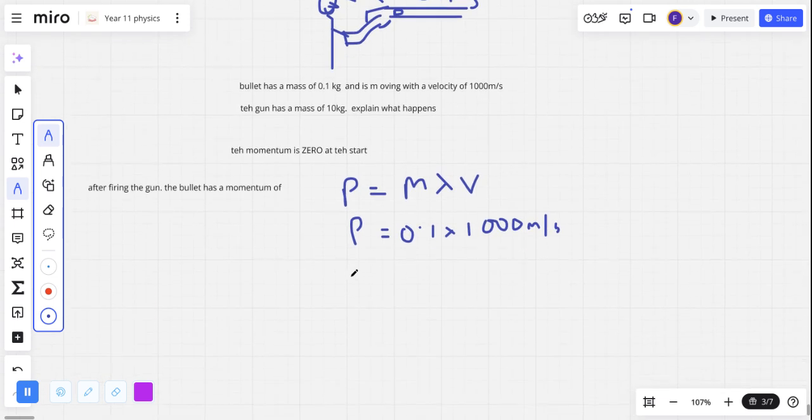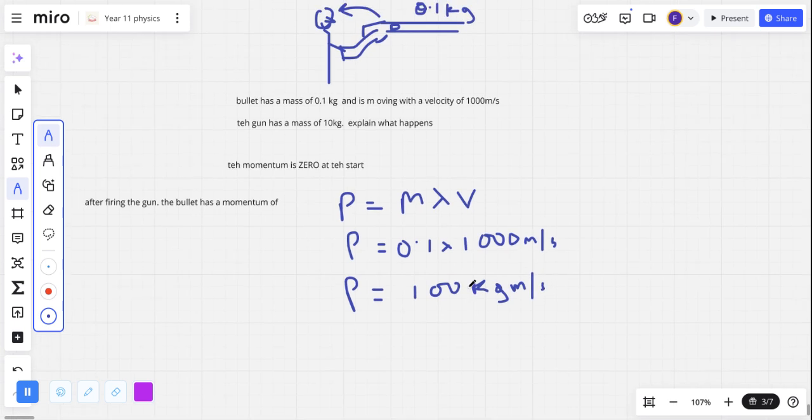So its momentum is 100 kilogram meters per second. That's the units, but let's not worry about the units quite yet. The problem we've got is that conservation of momentum says wherever it is at the start, it must be at the end. So the bullet has a momentum of 100 kilogram meters per second. But the total has got to be 0.